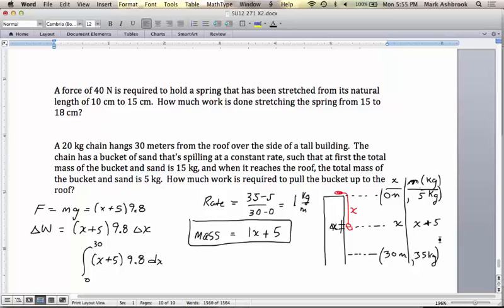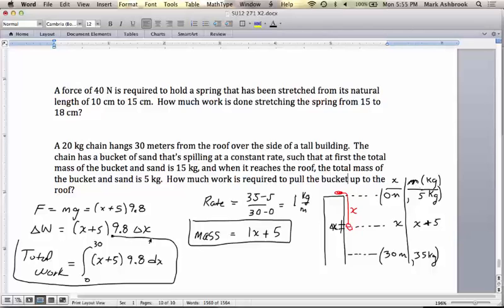Or force times distance. Okay, any questions? Does it make sense?